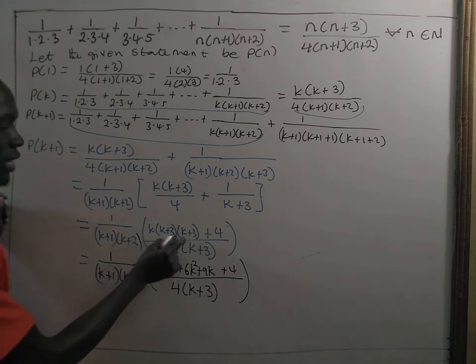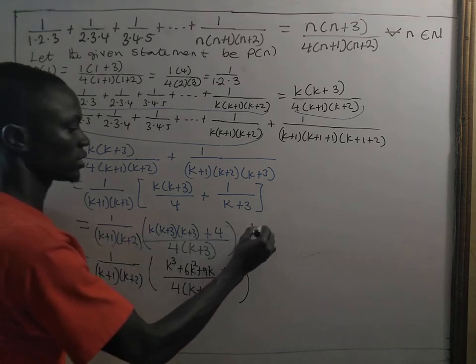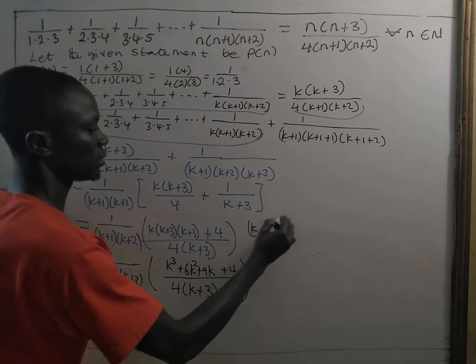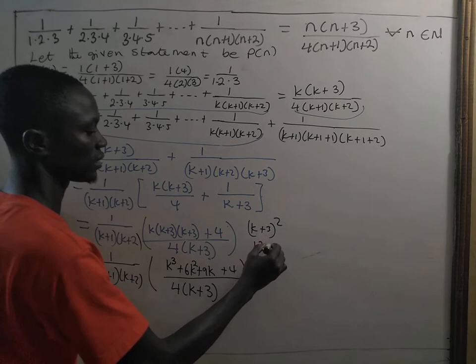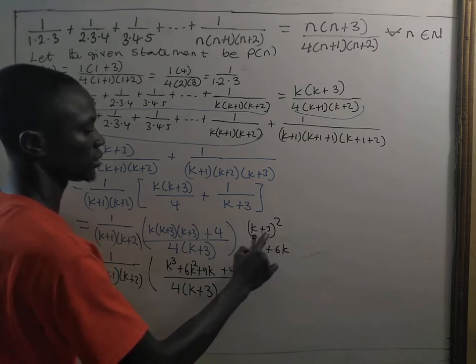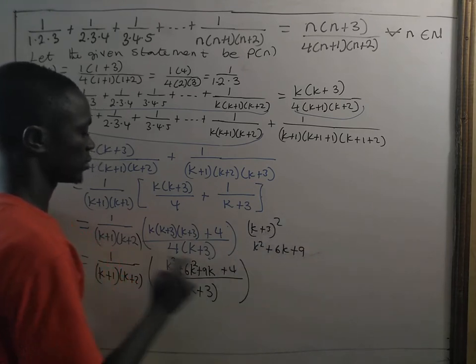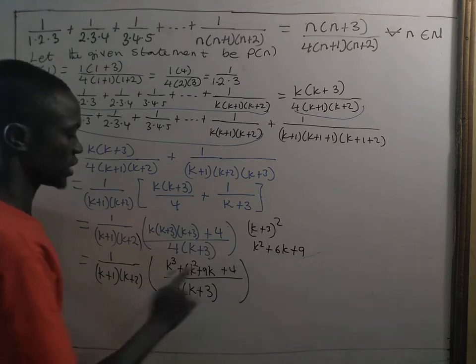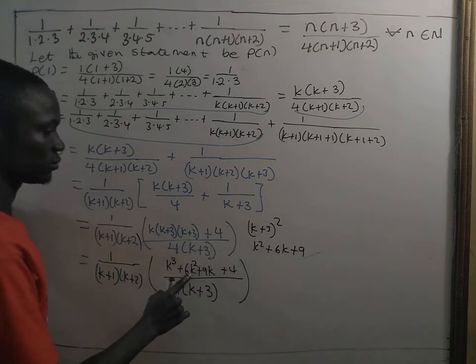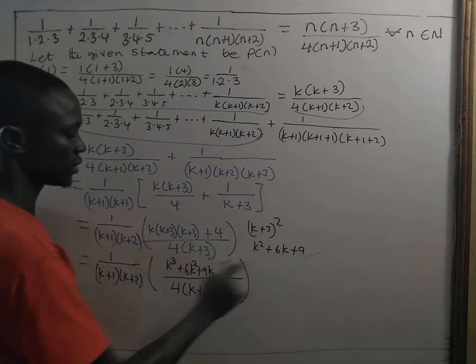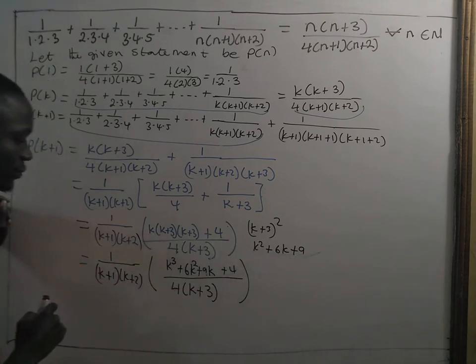This is k plus 3 times k plus 3, so it's k plus 3 all squared, k squared, 2 times k times 3, 3 squared. You multiply this one by k, you get k cube. Multiply this one by k, you get 6k squared. You multiply this one by k, you get 9k, and you have plus 4 here.